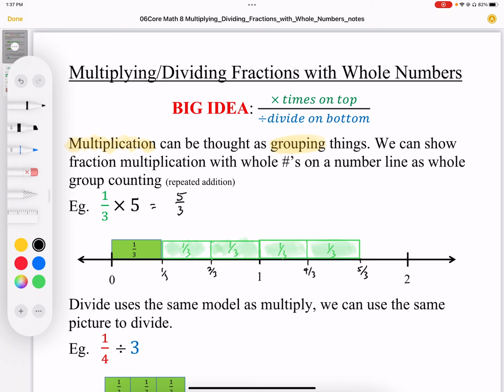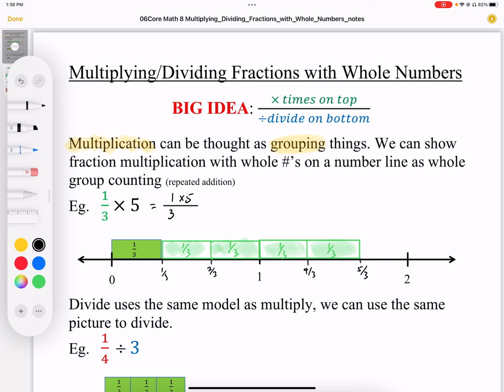So we can look at it as groups of things and we can count along the number line. But we could always go to this big idea: times on top and divide on bottom. When we have 1/3 times 5, we have our 1 on top, 3 on bottom. The times 5 just goes on top because it is a times factor.